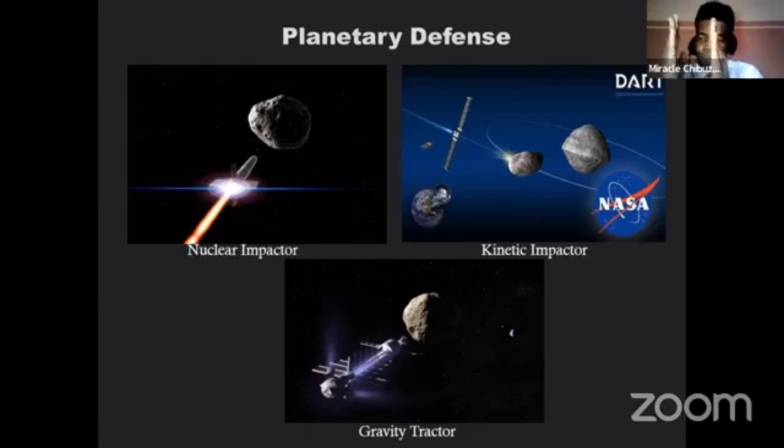If we drive the spaceship closer to the asteroid, the two will attract themselves according to Newton's gravitational law.